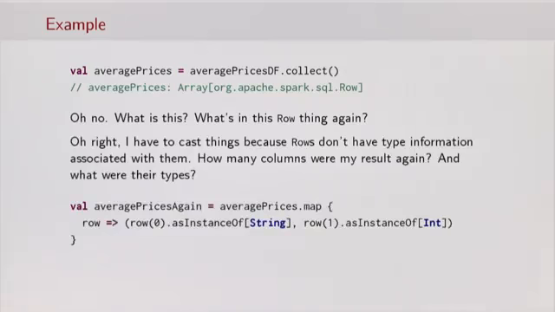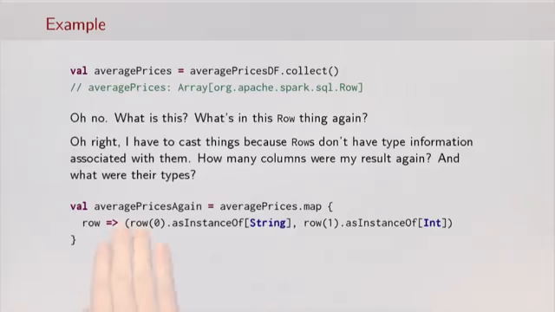Okay, that's right, because a row is untyped, we have to cast the stuff in the row, but that means that I have to remember the order of the columns in that row so I know which things to cast. So you might ask yourself, how many columns was my result again, and what were the types of those things, because now I've got to count them and then index into them and then cast them to the correct types. So here's one attempt.